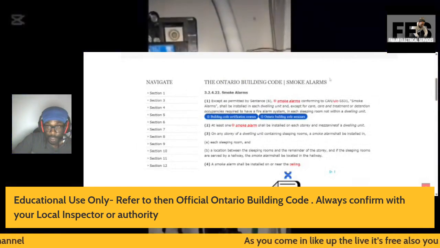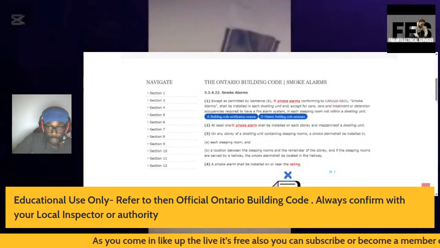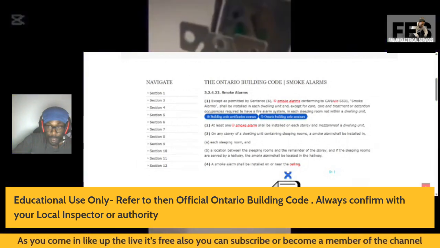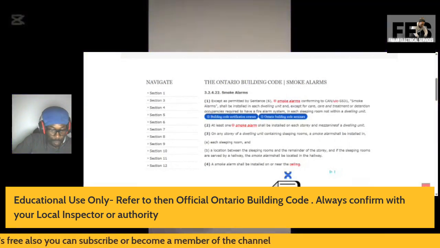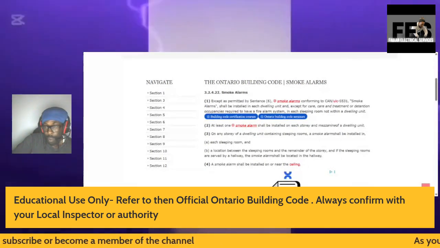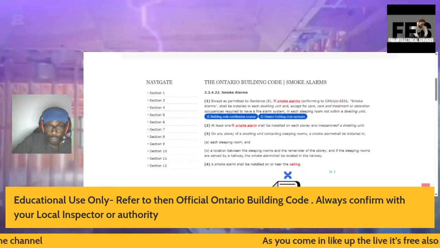Again, this is for educational purposes only, so refer to your actual local inspector, just to clarify.